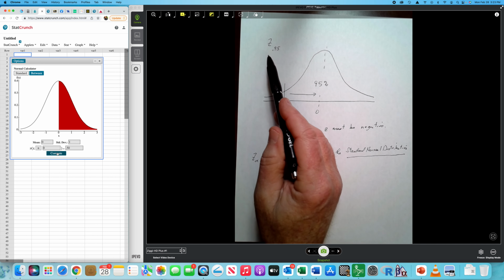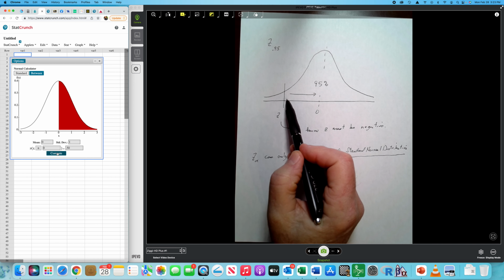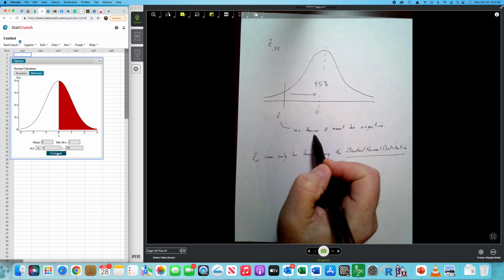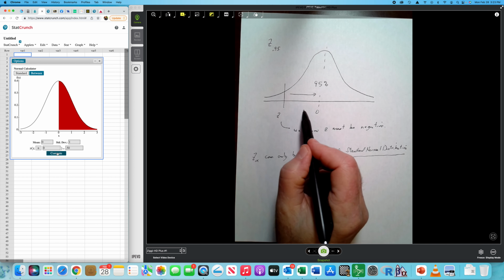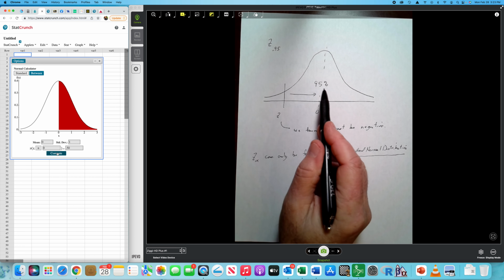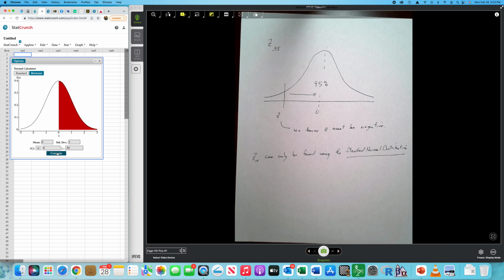So for z of 0.95, I know that I've got an area bigger than 0.5, so I know that the answer to this problem must be negative, because to the left of 0, these are all negative z-scores. For the reason I just explained, my area being bigger than 50%, I know that I'm residing in the negative z-scores.